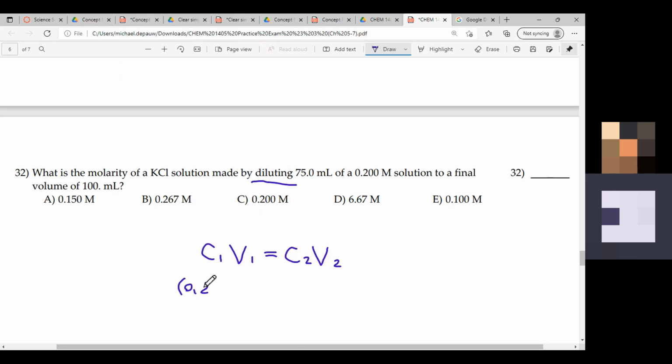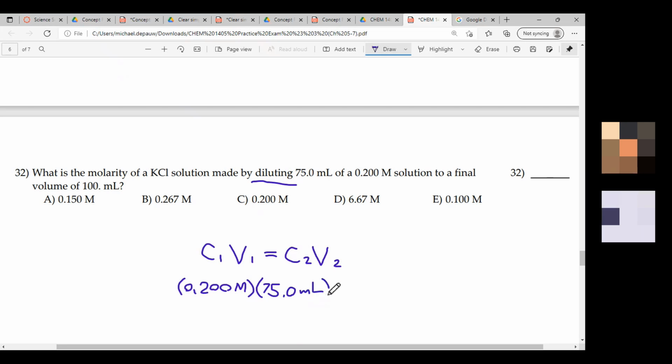And how much of the 0.2 molar solution do I have? 75 ml. And then my final concentration is what? You don't know. I'll just put X. And my final volume is what? 100 ml.